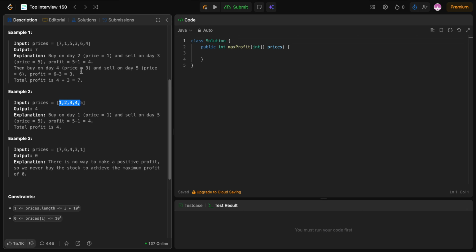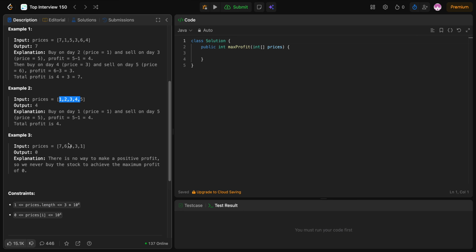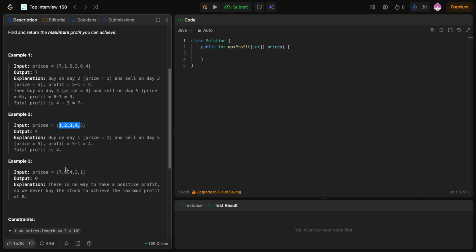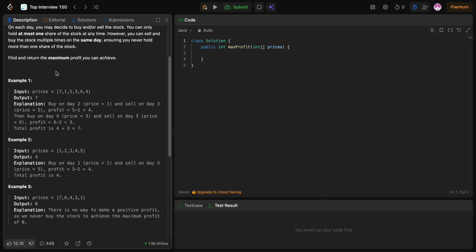So I'm just trying to think of a general idea of how you would get that maximum profit. So I think that you keep going until you find the lowest possible day to purchase the stock.